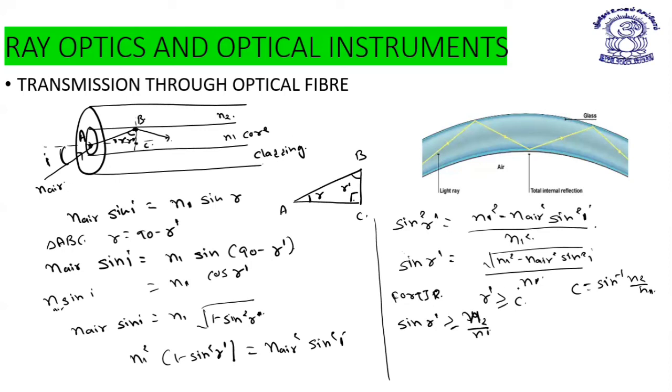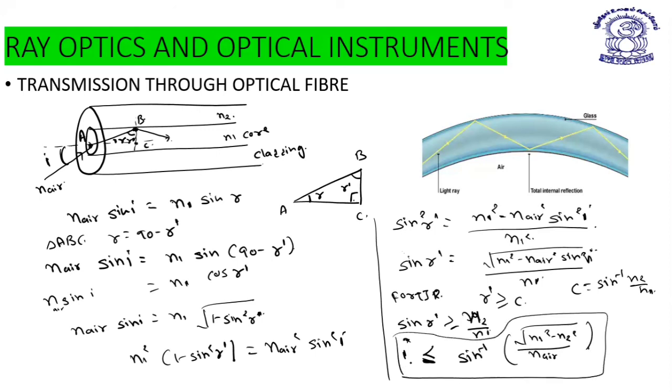Putting the value of sine R dash and finding the angle of incidence, I should be less than or equal to sine inverse of under root N1 square minus N2 square divided by refractive index of air. So this is the condition for angle of incidence to have TIR at the core cladding interface.